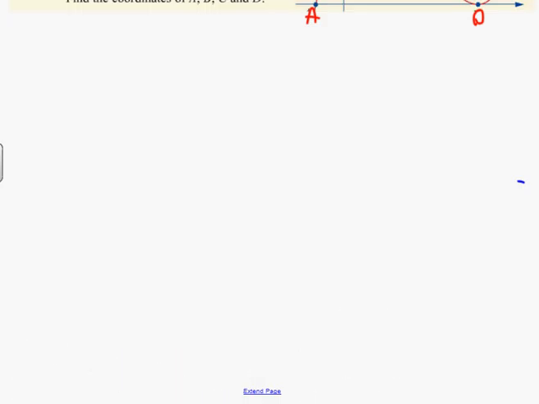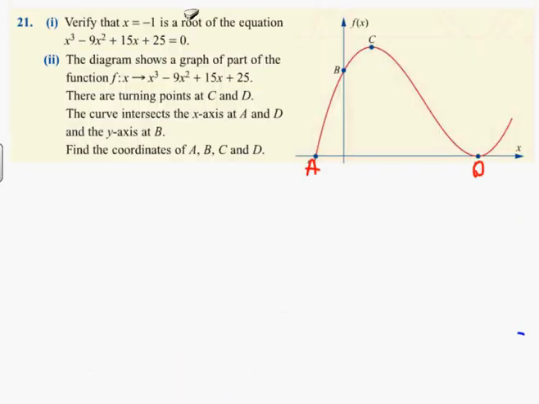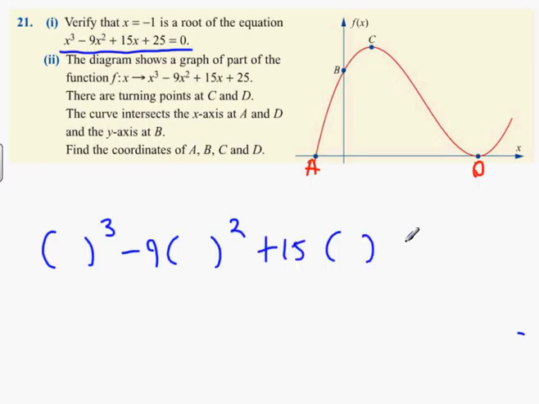What we have here is we're told that x minus 1 is a root of this equation. So what did I say is the way to do this? What do you replace x with? So you replace x with what, guys? Minus 1. When you replace it with minus 1, what has to happen?